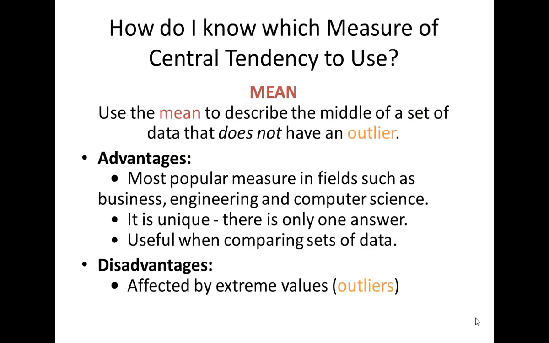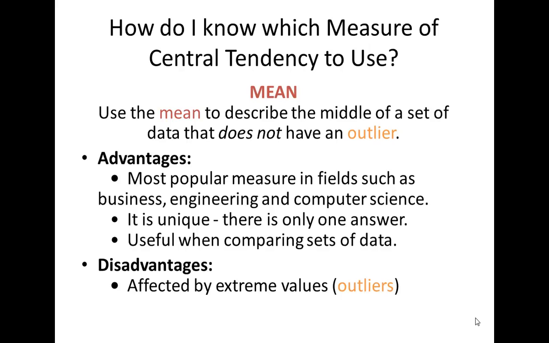How do I know which measure of central tendency to use? Use the mean to describe the middle of a set of data that does not have an outlier. The advantages to finding the mean are that it is a very popular measure in fields such as business, engineering, and computer science.